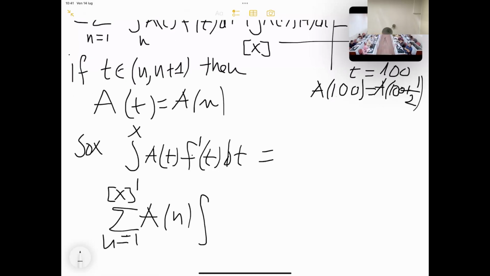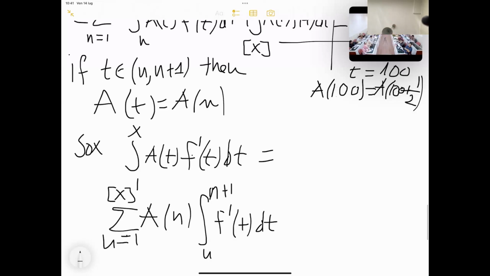And then the integral between n and n plus 1 of f prime of t dt.